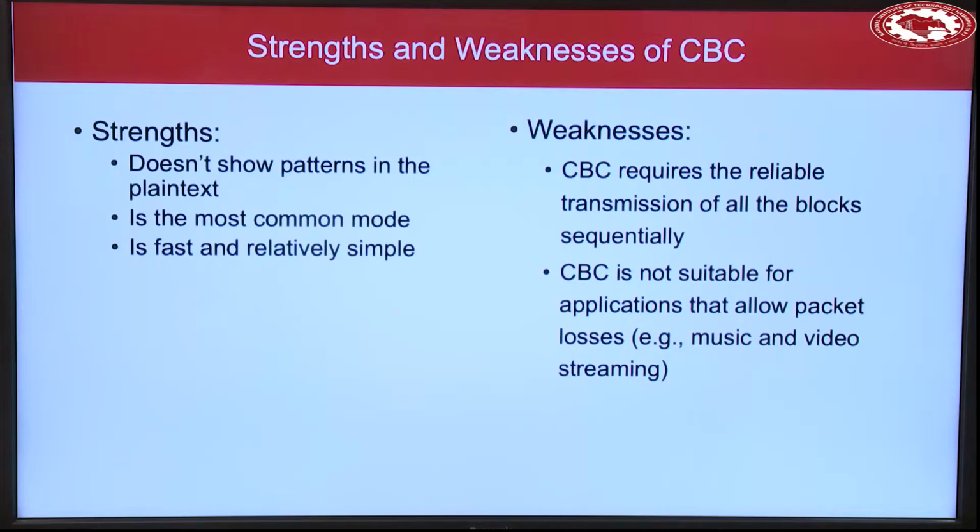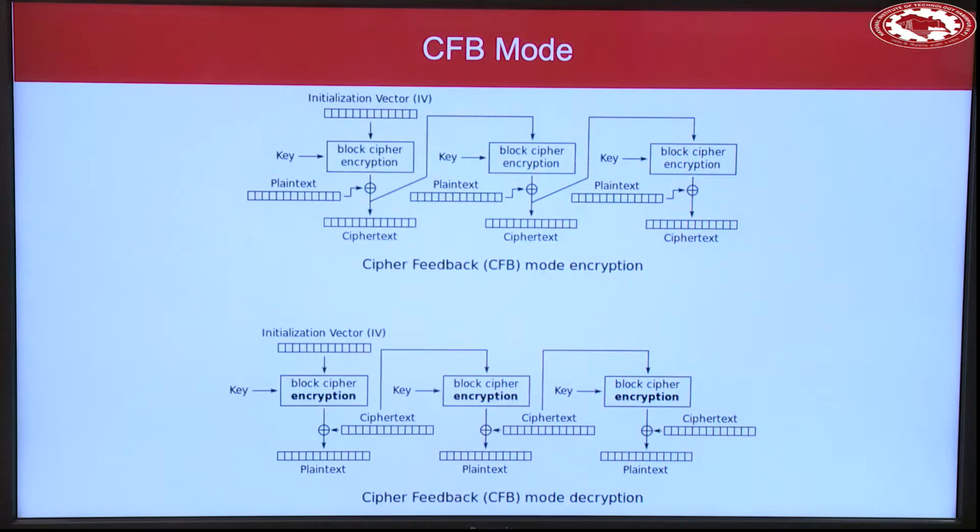If you're watching a video and the image suddenly gets distorted, you don't like it. That's why we don't use it here. It is good in applications, for example, text-based. But in an application where you can't tolerate packet losses, it's not good. Then we have the CFB mode, called cipher feedback mode.